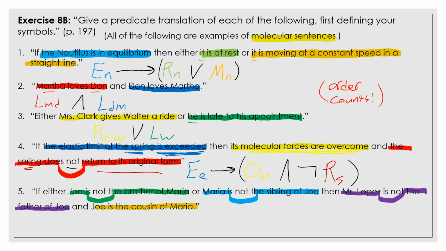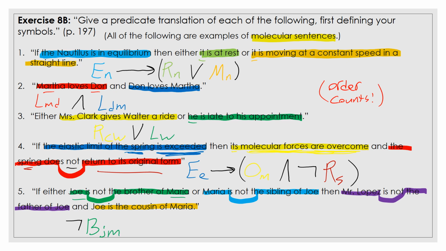Joe is not the brother of Maria. We have a negation, so let's insert that in. Not. Joe is the brother of Maria. Brother of. We have the predicate. Capital B. We have 2 individuals referred to. Joe and Maria. So we need lowercase j, lowercase m.